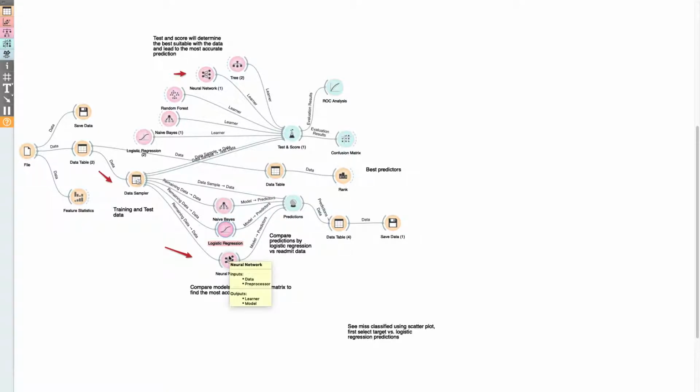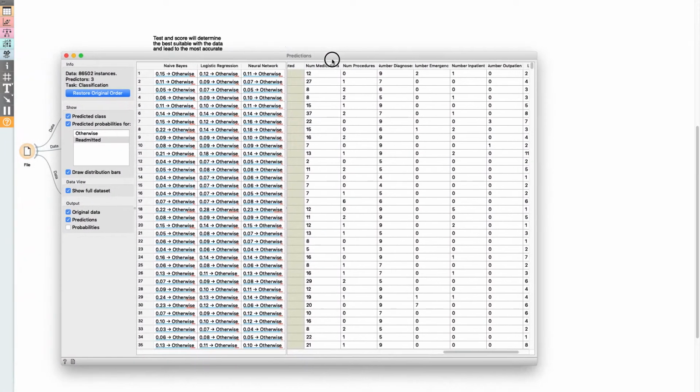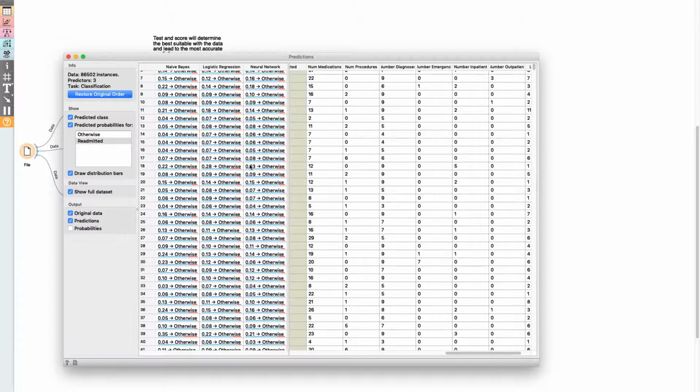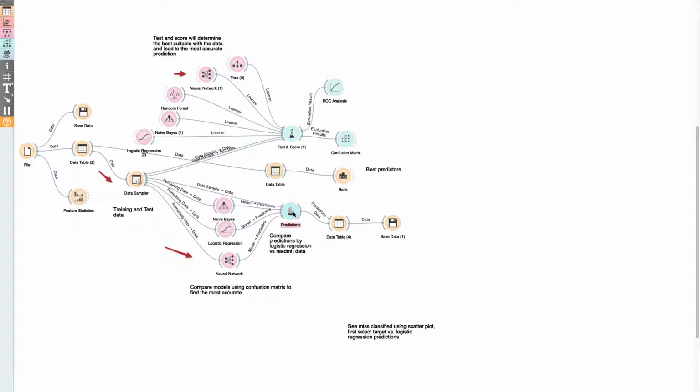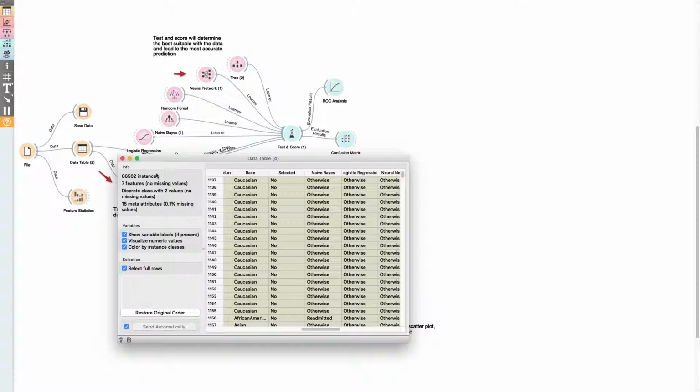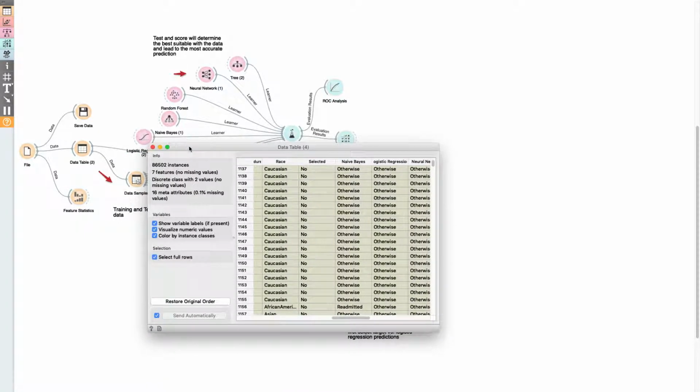Here we have the regression, neural networks, and the Bayes, and then afterwards the predictions were seen here, and each variable was presented, showing the predictions for each instance. Then I put the predictions into a data table as well to have a visual and to summarize them. I started off with about 100,000 instances, and after cleaning them up and managing the missing variables with averages, it was about 86,000.